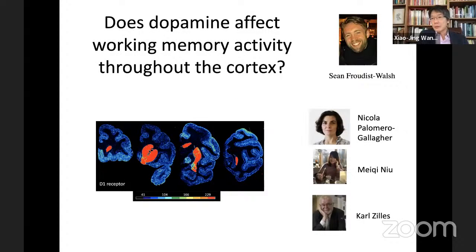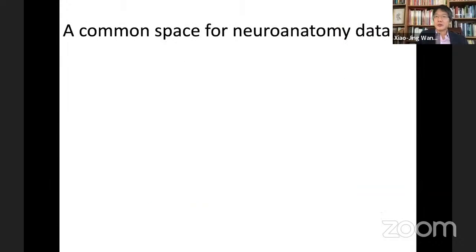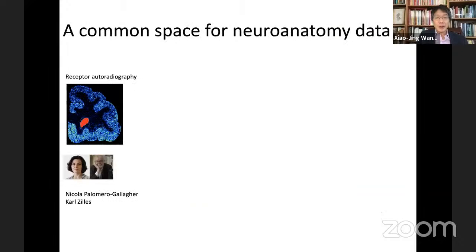So this is the latest version of our large-scale modeling, spearheaded by Xiang in collaboration with Nicola and Karl Zilles. The model incorporates different kinds of data. On one hand, Nicola and Karl measured receptor labeling density using autoradiography.